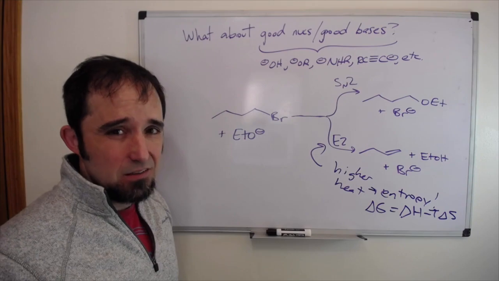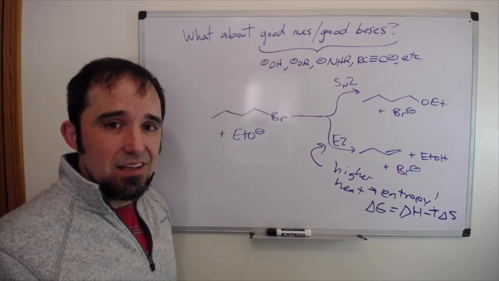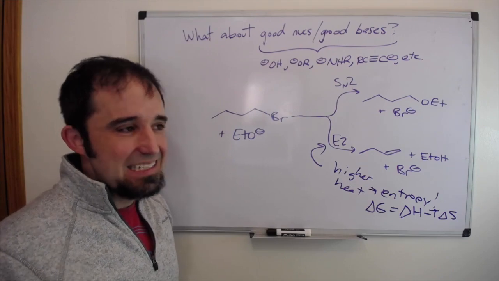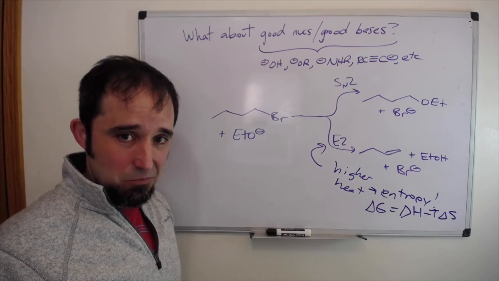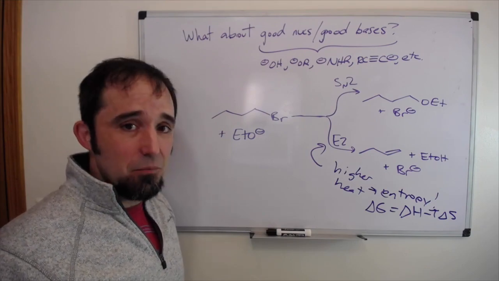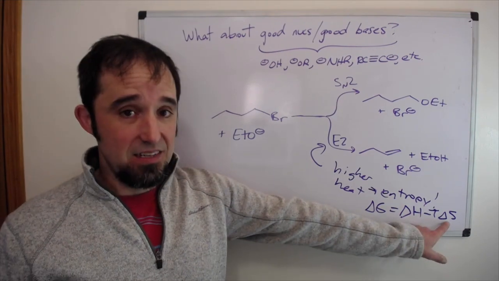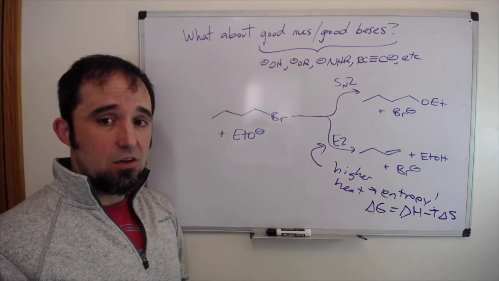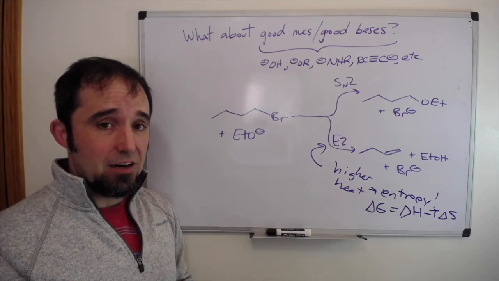That actually doesn't work at all. What entropy is basically possibility, right? So how many different ways could I arrange energy in this system? And the higher the temperature gets, the bigger role entropy of the system is going to play in our overall Gibbs free energy, which again is going to dictate the selectivity of the reaction.